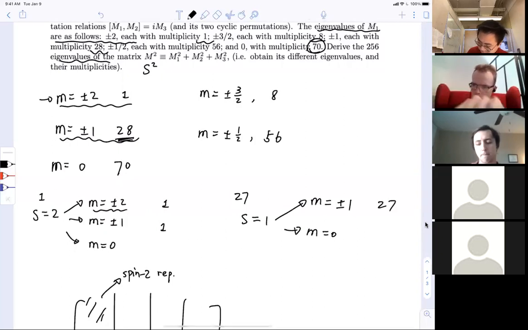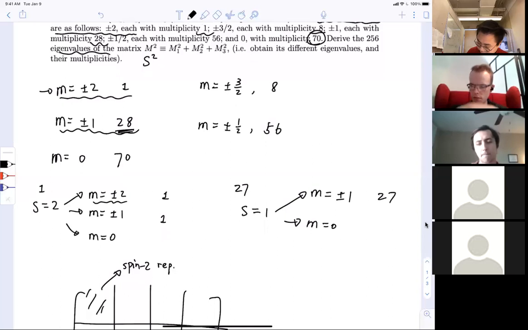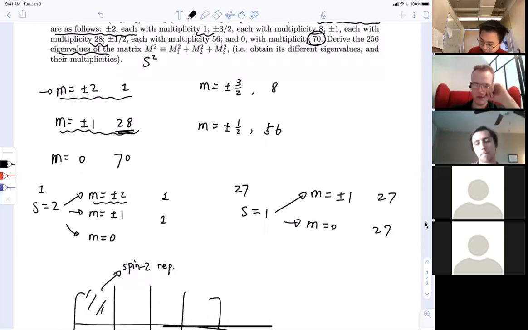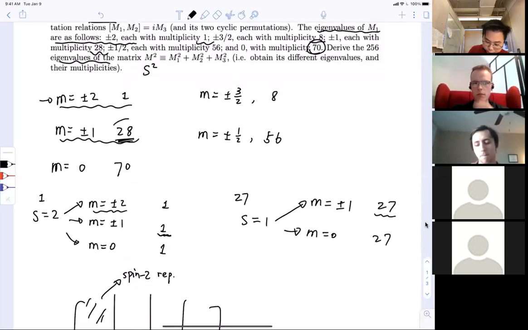So there is one m equal to plus or minus 1 from the spin 2 representation, and 27 from the spin 1 representations. In total, it gives us 28 with plus or minus 1.